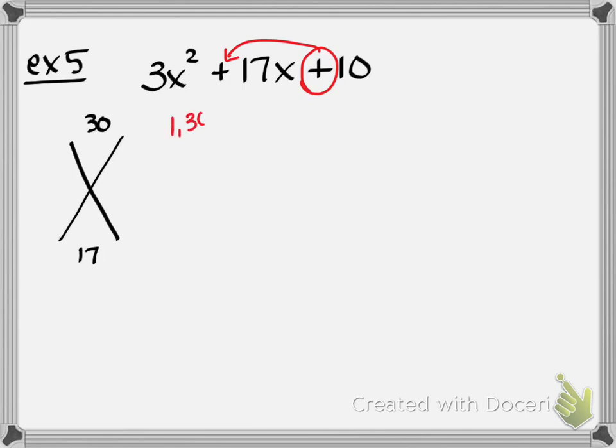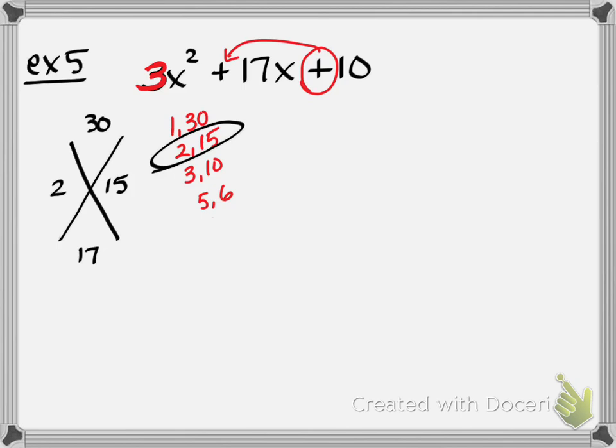Factors of 30: 1 times 30, 2 times 15, 3 times 10, 4 doesn't go, 5 times 6, 6, I already got 6, so I know I have them all. And which set of these adds up to the 17? These two. But since A is not a 1, A is a 3, we have to go one more step.